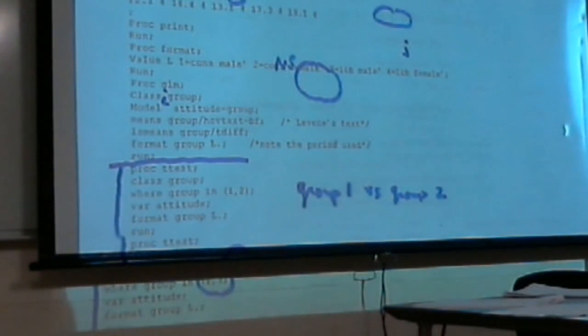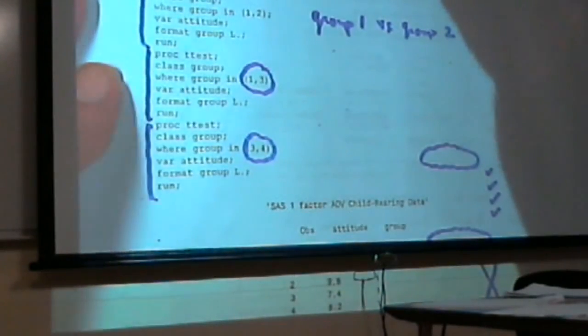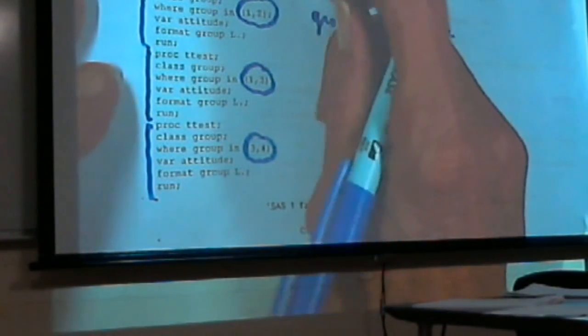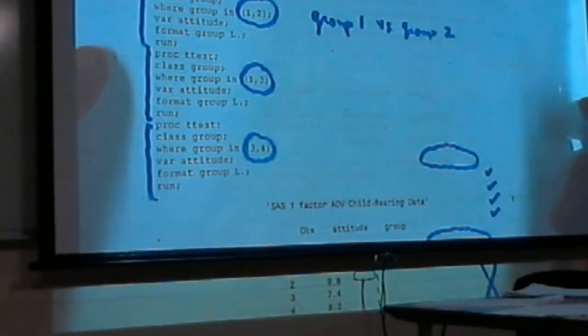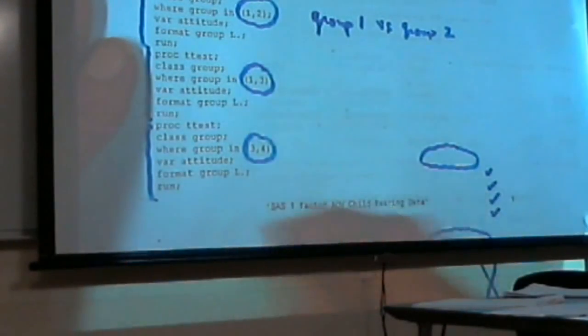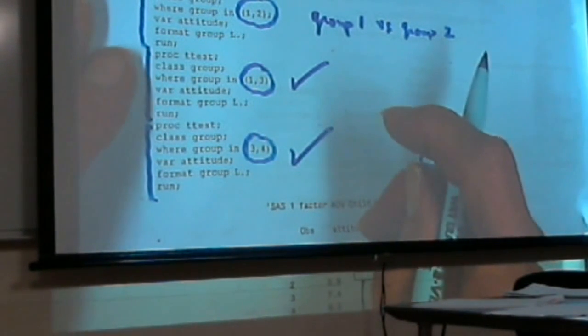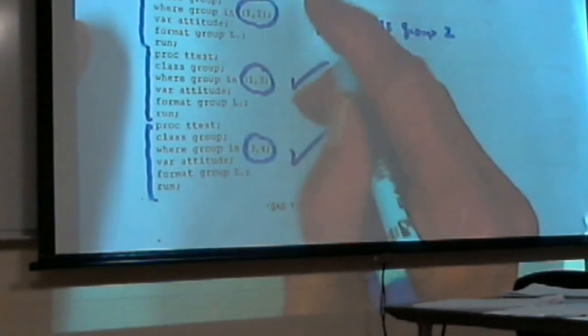And then I'm going to do the same thing again, comparing 3 versus 4. So basically I ran 3 pairwise comparisons here with the proc t-test. And the output that you see at the end of this handout from these would be similar to what we just talked about for this first case. So you can look at the numbers on your own, and I think that would be just fine.